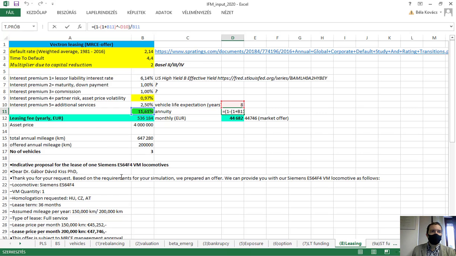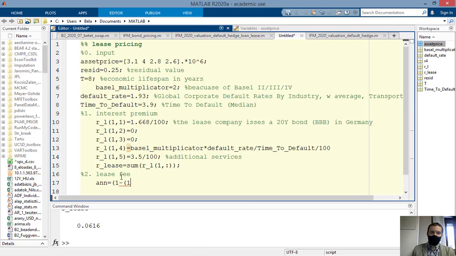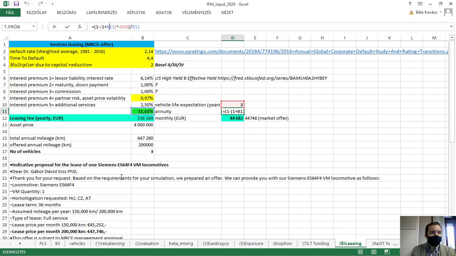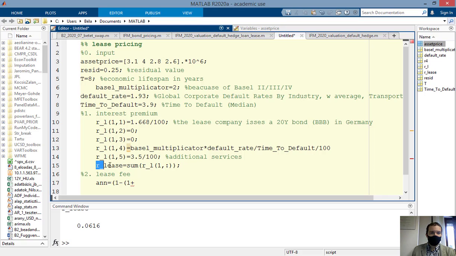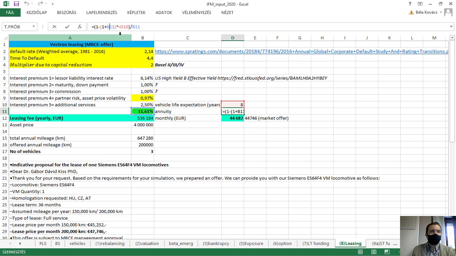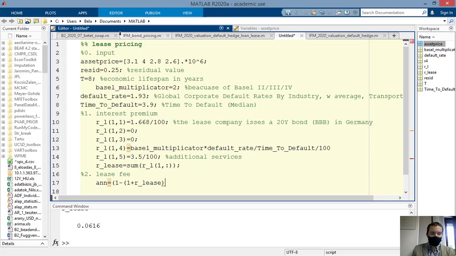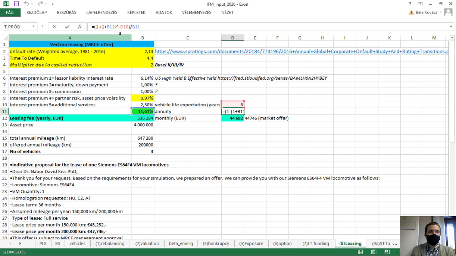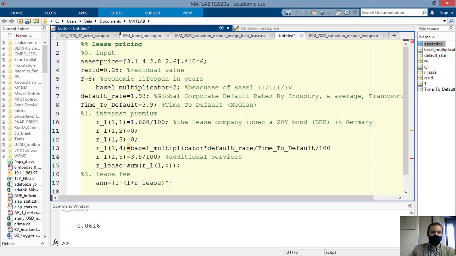Bracket open, 1 minus, 1 plus B11, so the lease rate, bracket closes, to the power of minus D10, which is the time.